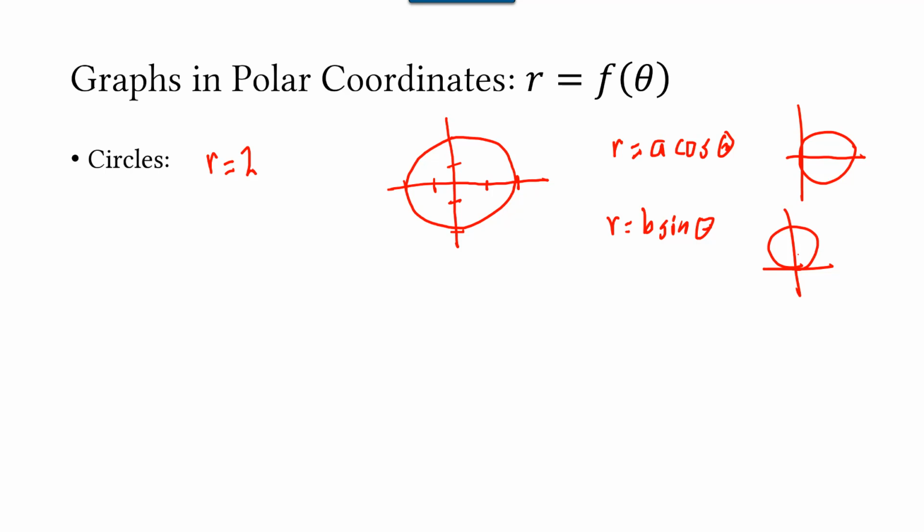We can take a look at examples more carefully when we have something to help us with the graphing. The centers of these circles will be at a over 2 for the x value and b over 2 for the y value.